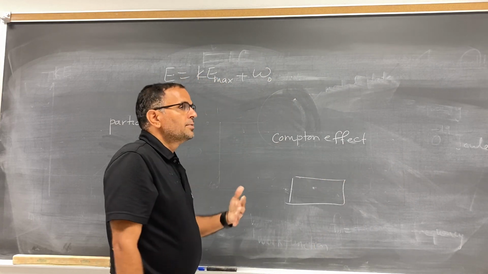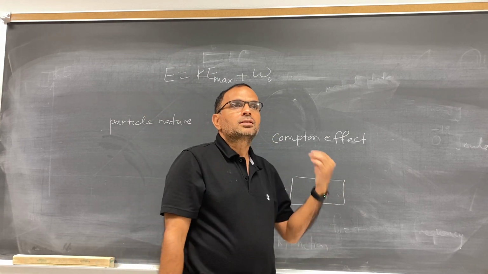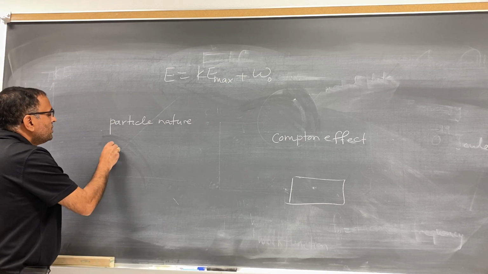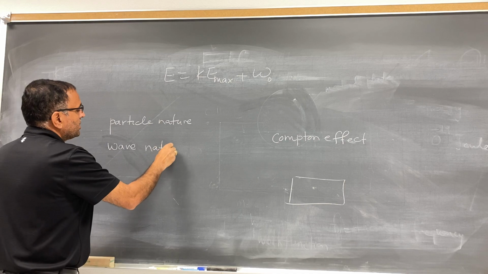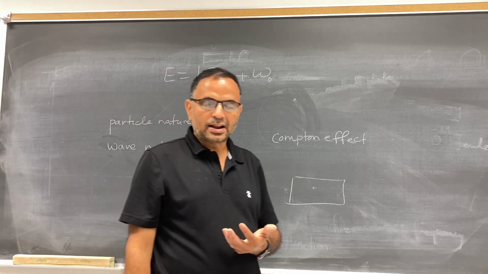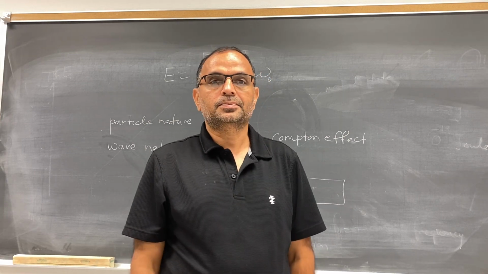The Compton effect also shows the particle nature. So we have the photoelectric effect, the Compton effect, and that is the particle nature. And we have a wave nature: light shows interference, polarization, diffraction, something like that. So light shows the dual property, duality.